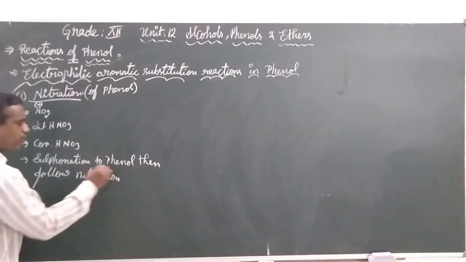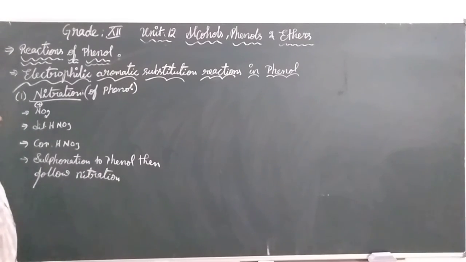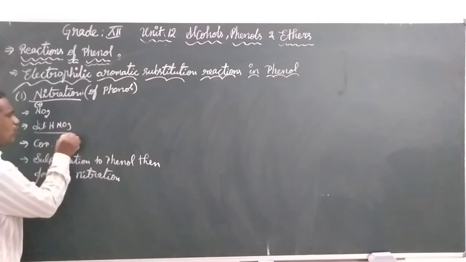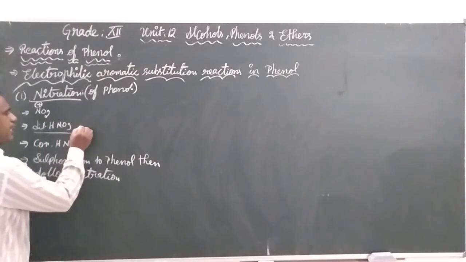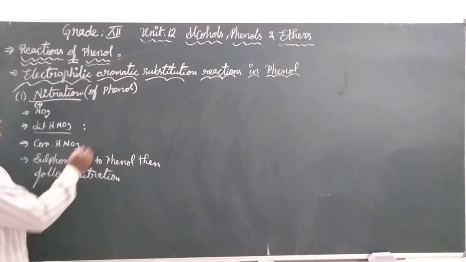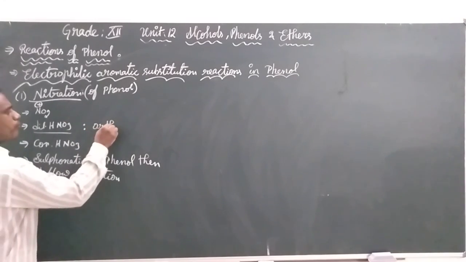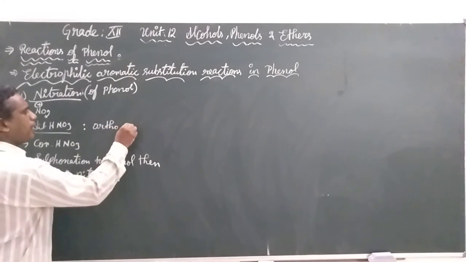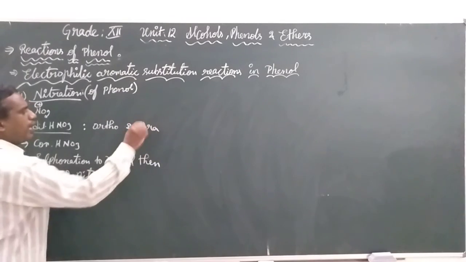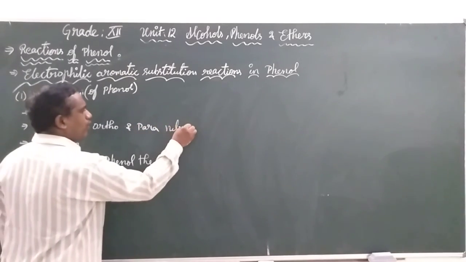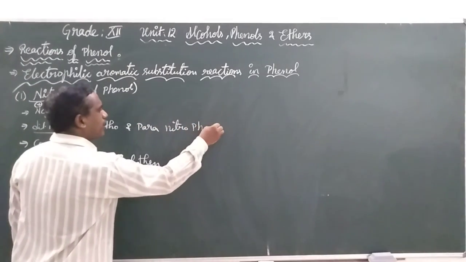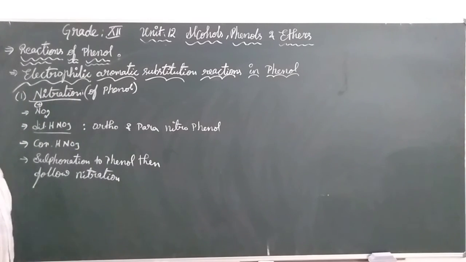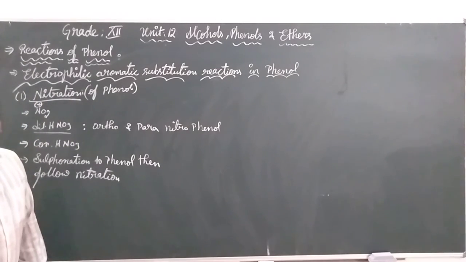The main point is, whenever you use dilute nitric acid, it will form ortho and para nitrophenol. What are the products we will observe here? Ortho and para nitrophenol.